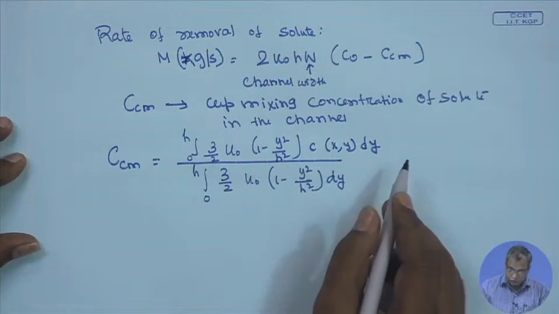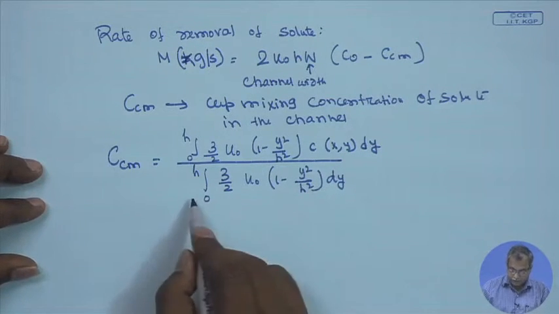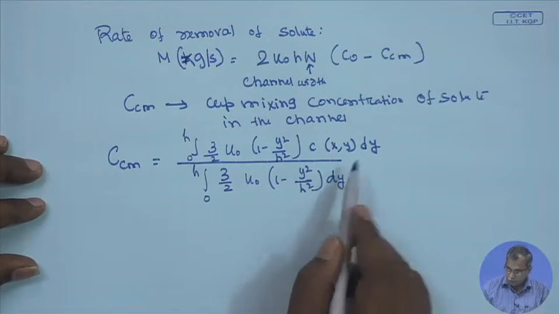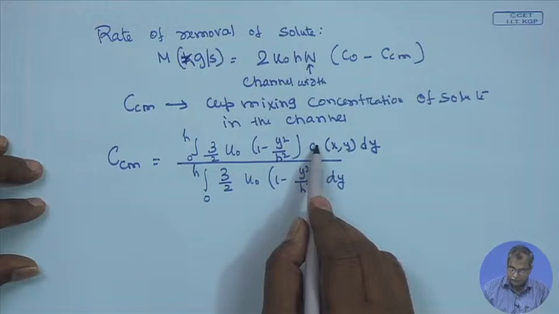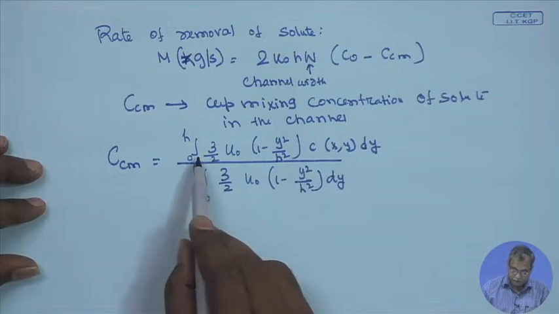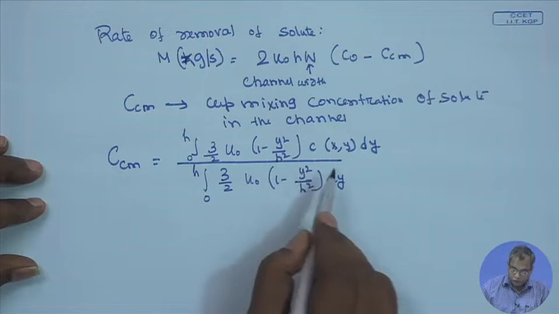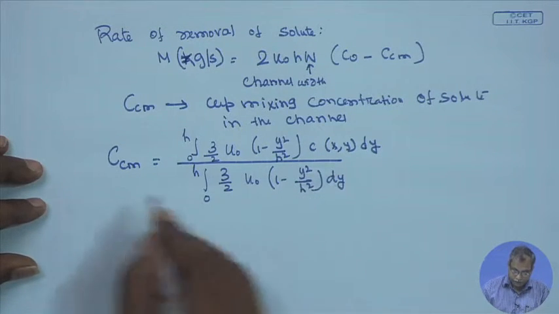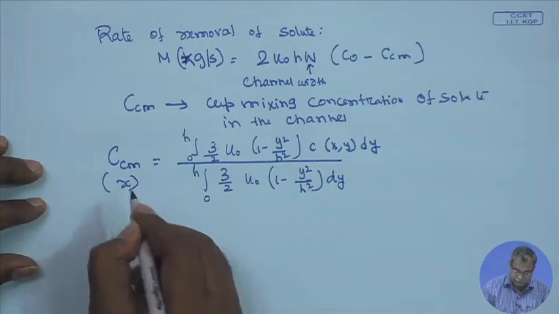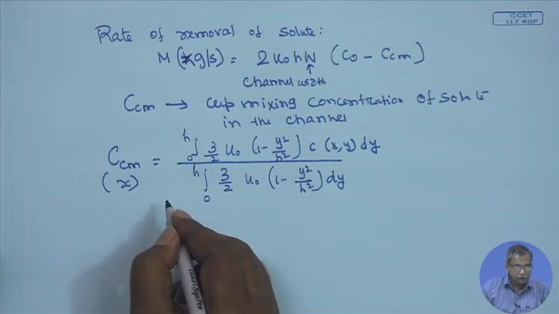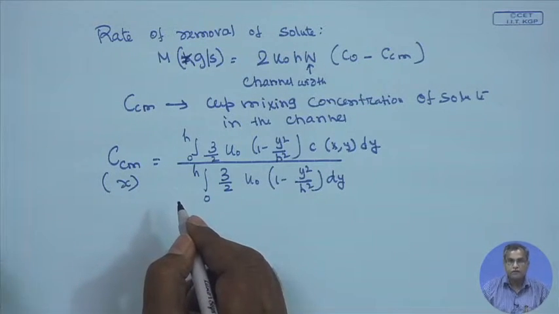So, this expression can be integrated quite easily, there is absolutely no problem in that. We have already found out the expression of C as a function of x and y, that can be integrated across y. So, the x variation will be intact. So, I will be getting ultimately CCM as a function of x. So, how the cup mixing concentration or the average concentration in the feed side varies along x, that expression can be obtained by this.